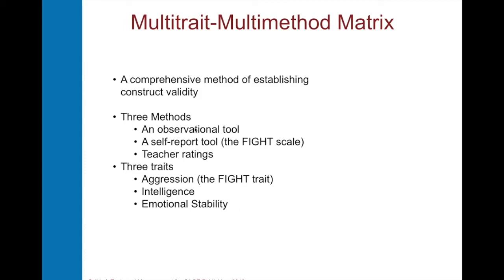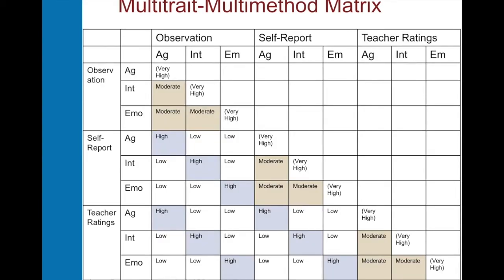You use an observational tool, a self-report tool, and teacher ratings, and all three methods are then used to measure these traits: aggression as measured by your measure, intelligence, as well as emotional stability. And what you get from that is basically a matrix called the multitrait-multimethod matrix.